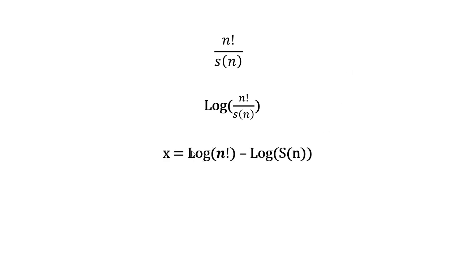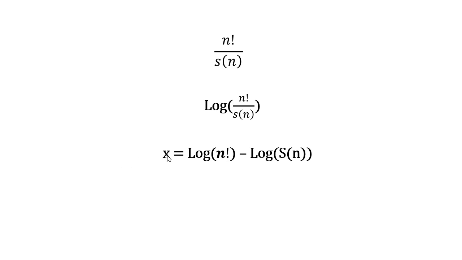Great, let's just quickly summarize. We wanted to compute this ratio. Because it was computationally expensive, we decided to take the logarithm of the ratio, and because of the laws of the logarithm, this would turn into this expression, because we take the logarithm of the numerator minus the logarithm of the denominator. Let's say that this is equal to x.